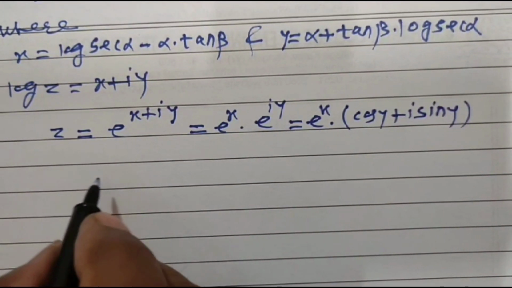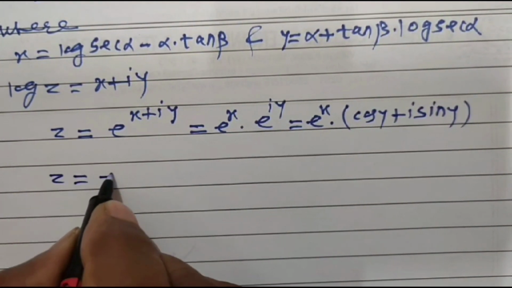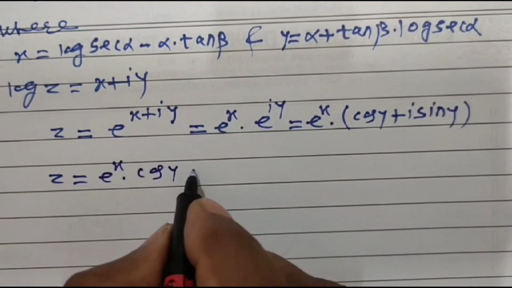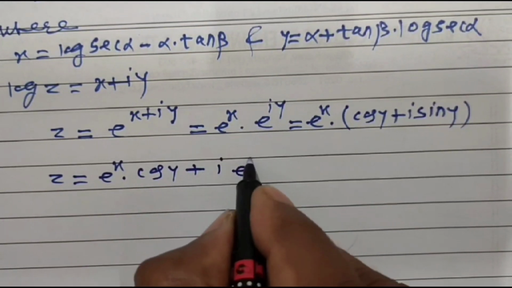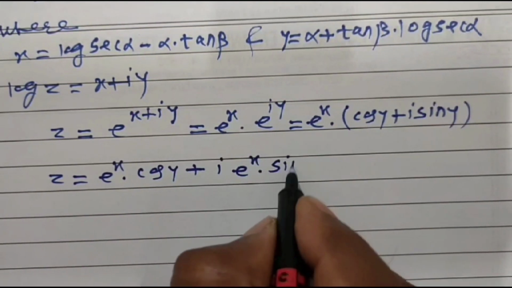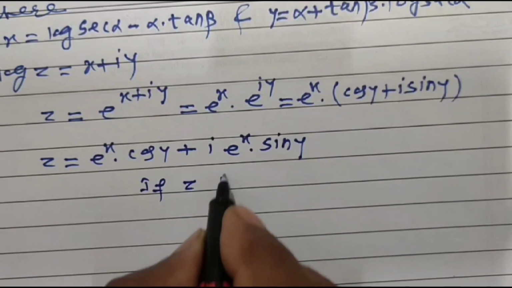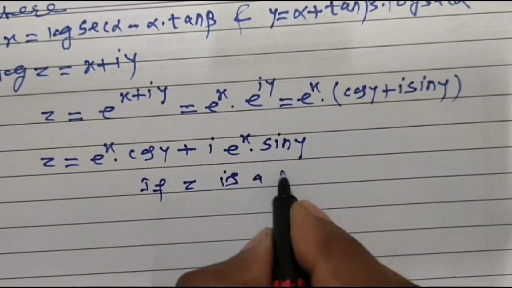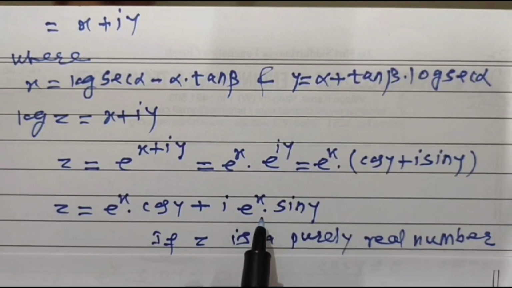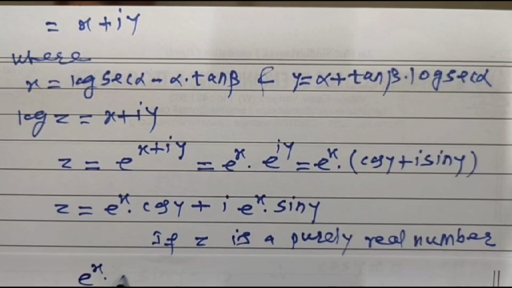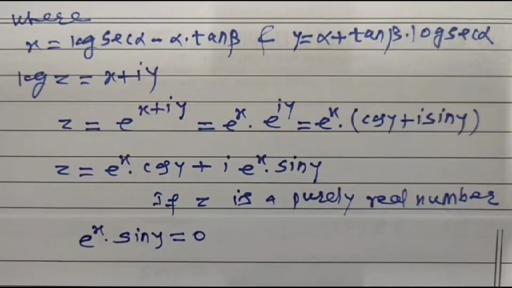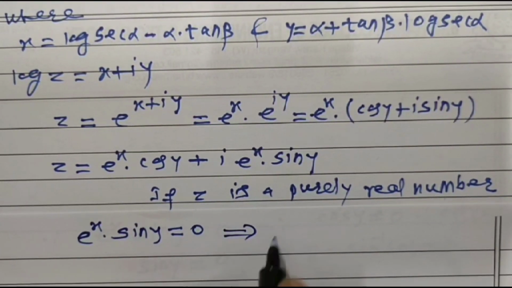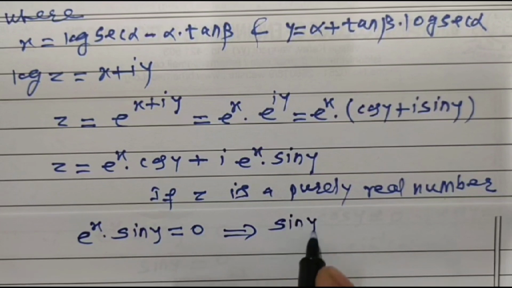So z is equal to e to the power x cos y plus i times e to the power x sin y. If z is a purely real number, its imaginary part must be 0. Hence e to the power x sin y must be equal to 0. But e to the power x is a non-zero value, so sin y must be equal to 0.